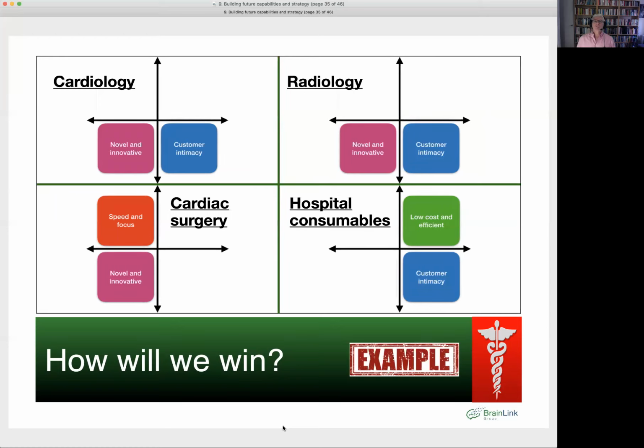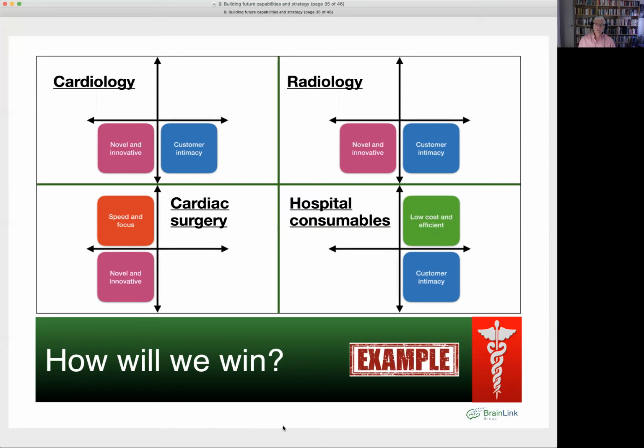Whereas in hospital consumers, supplying things like syringes and swabs, which are low cost and you need high volumes, they wanted a cheap and reliable strategy, but they also wanted you to understand their needs so that you built a partnership with them, so that when their stocks are running low, you never allowed them to run out of something, and you always kept the right combinations of things, and you understood the rhythms and patterns of demand, and the fact that Friday and Saturday and weekends were high demand for hospital consumables and so on.